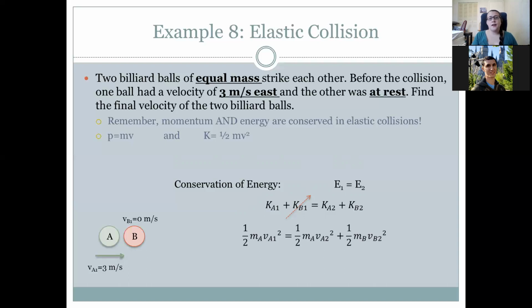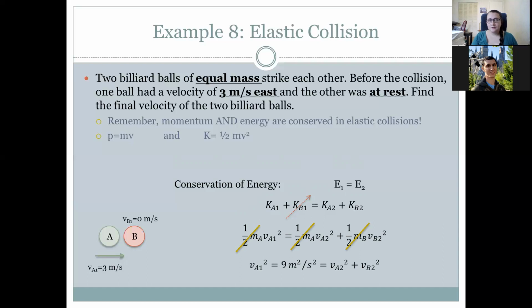Kinetic energy is 1/2 mv squared, like we learned about last week. And we have a 1/2 in each of those terms. We also have a mass in each of those terms. And remember, the masses of ball A and ball B are equal, so we can cross those out. And so this is the equation that we're left with.